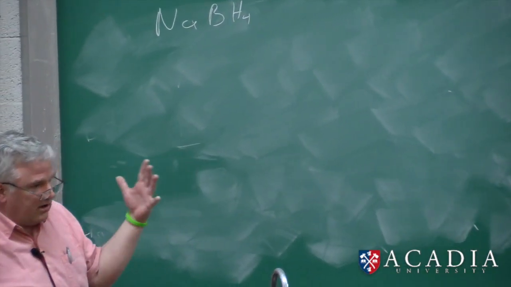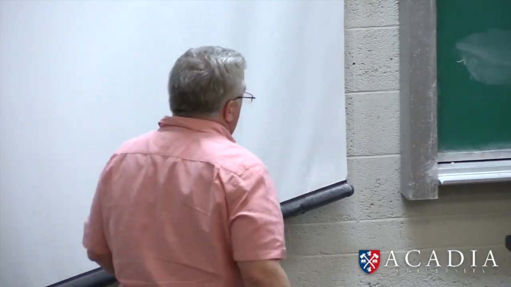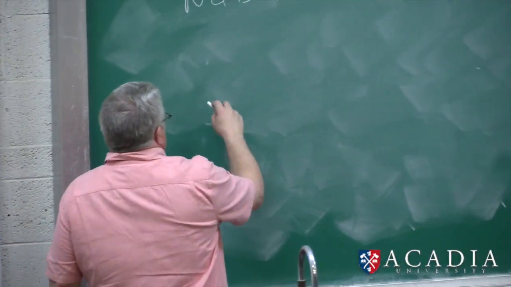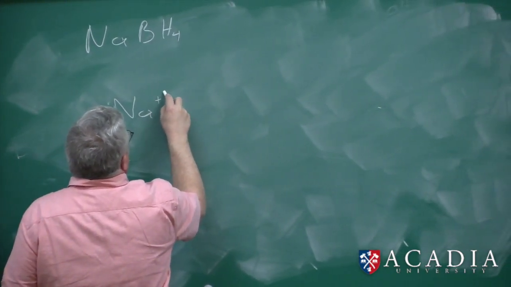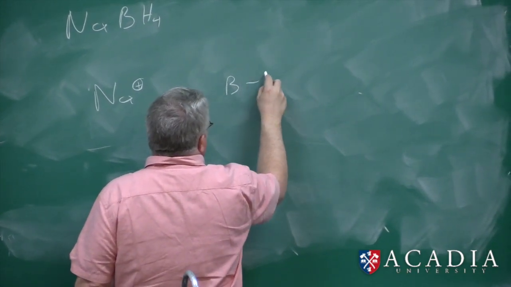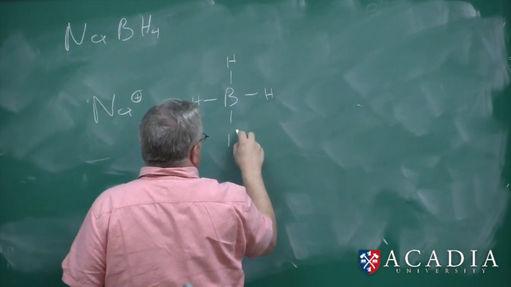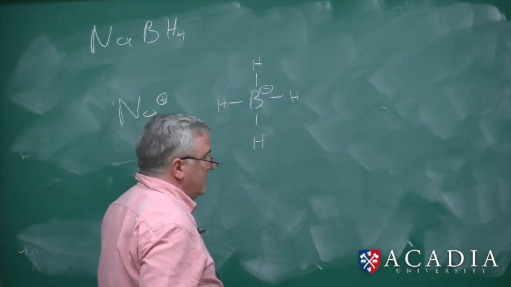Okay, this looks a lot the same, right? Take a look up at the periodic table. We see aluminum right below boron. They act a lot the same. As it turns out, this looks much the same. It's a sodium cation and a borohydride anion, okay?